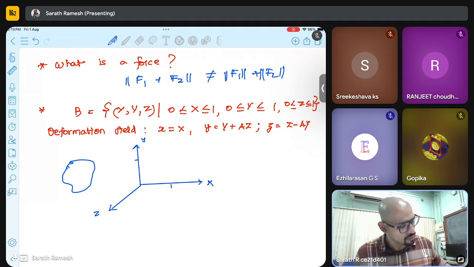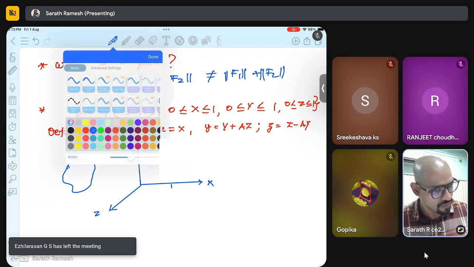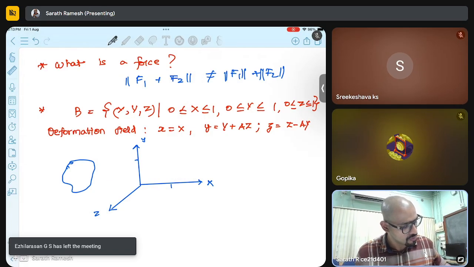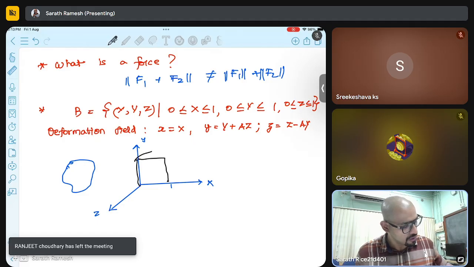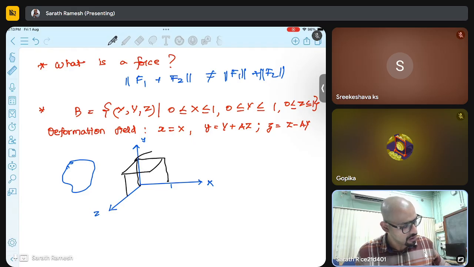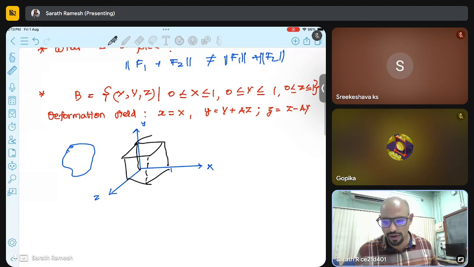We'll get a cube. So this is the body given in this problem.